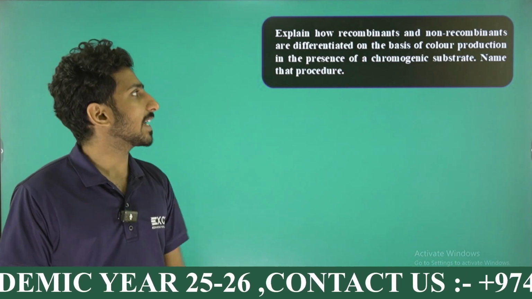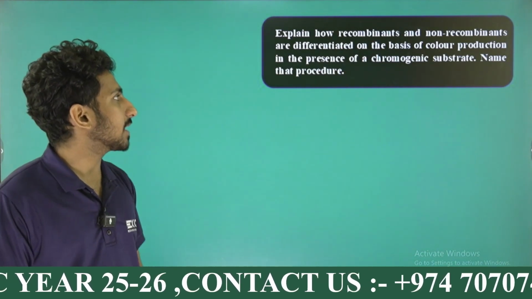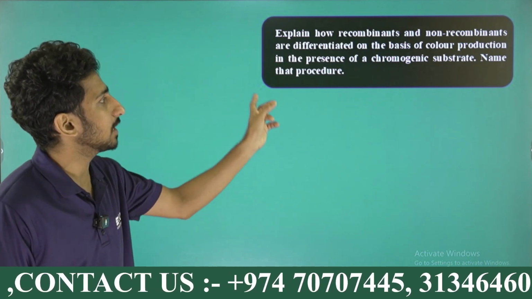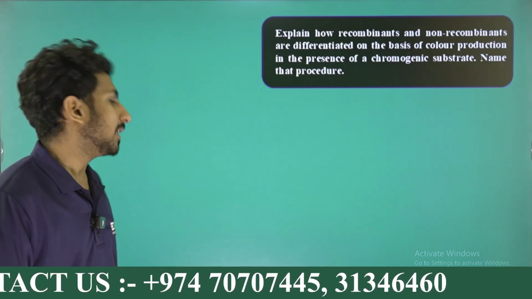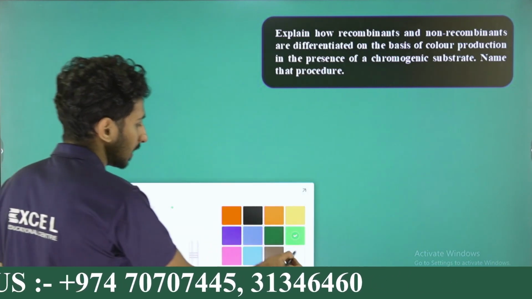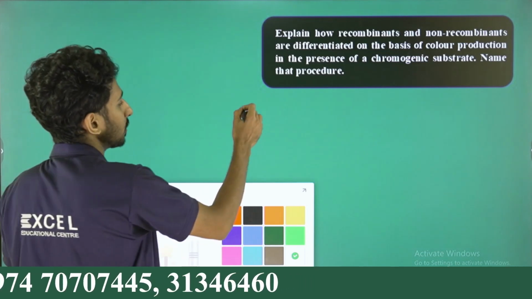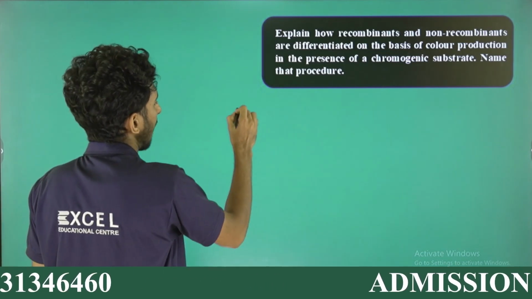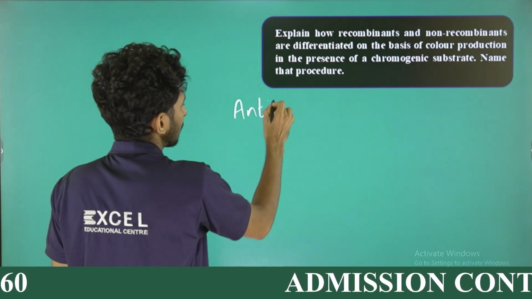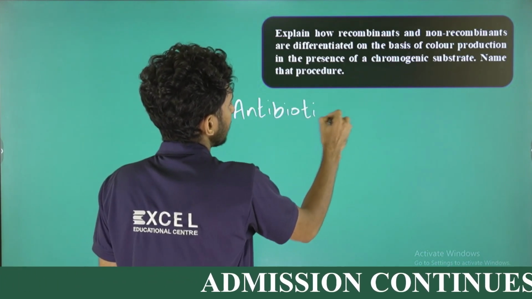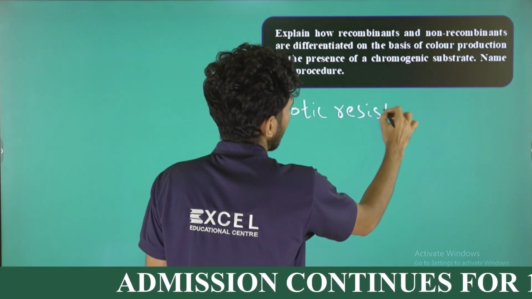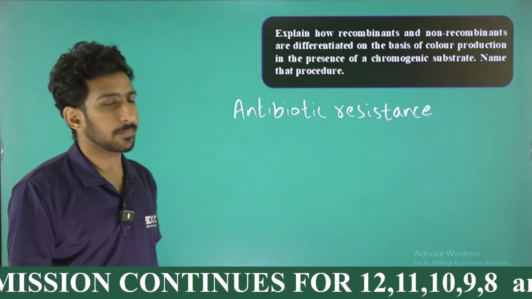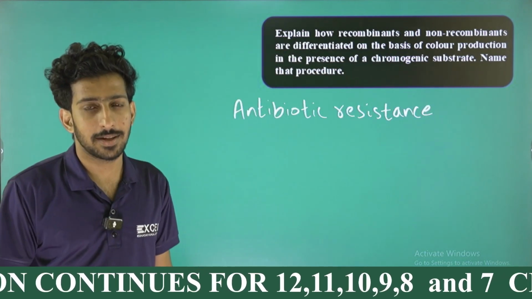Now we can do the previous one. Explain how recombinants and the non-recombinants are differentiated on the basis of color production in presence of a chromogenic substance. Name the procedure. The procedure is selection of recombinants by insertional inactivation.